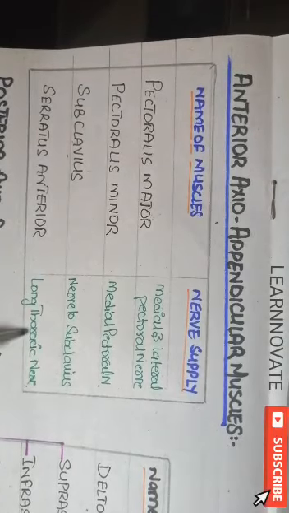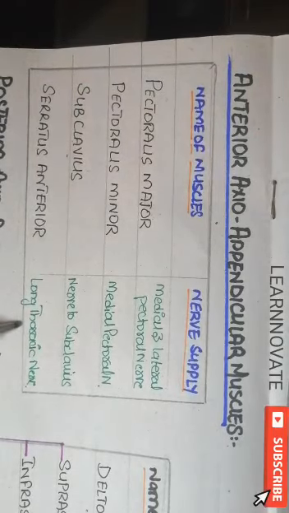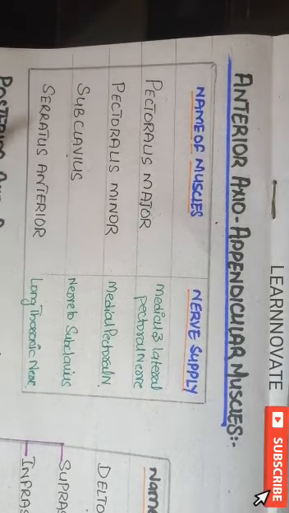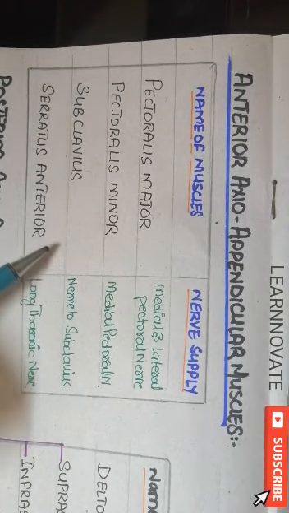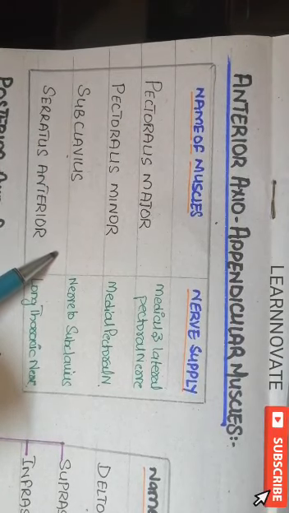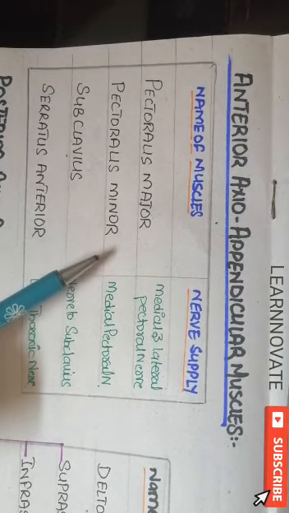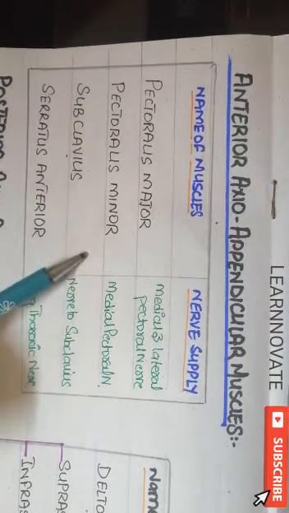If this nerve is damaged, there will be winging of the scapula. So these four muscles are related to the clavicle and the scapula, that's why they form the pectoral girdle, and they are the anterior axio-appendicular muscles.